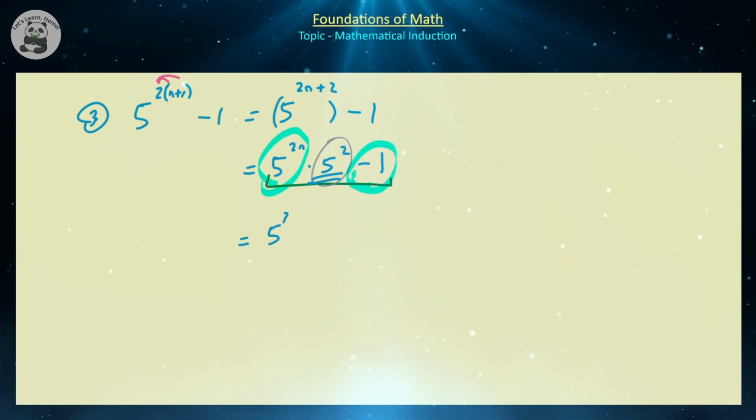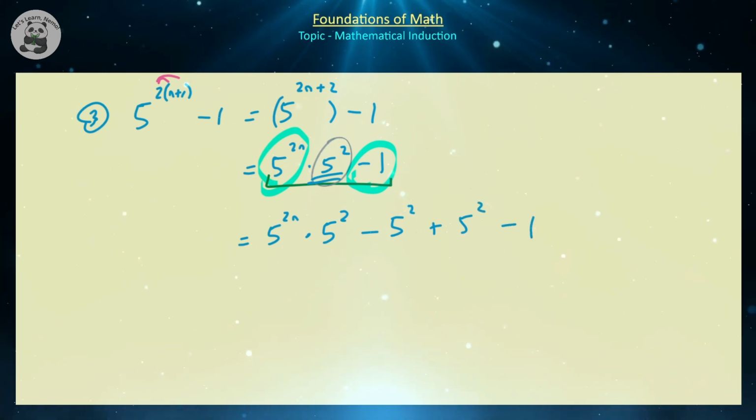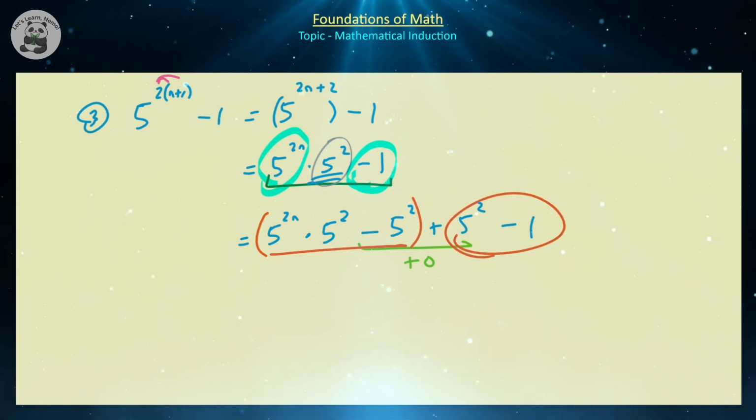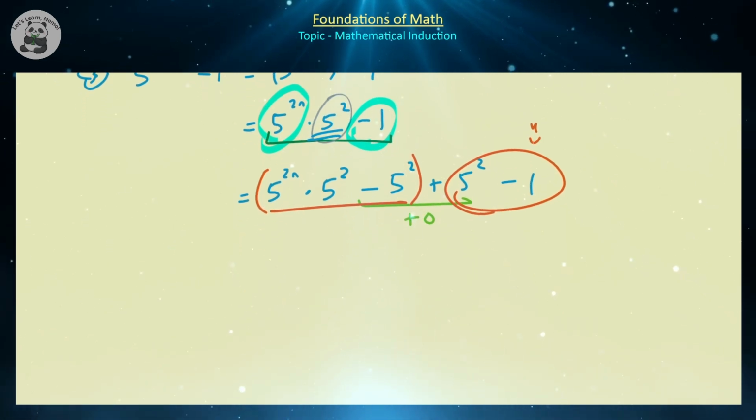So in this case, let's not forget our 5 squared. I'm going to subtract off 5 squared, I'm going to add 5 squared, and don't forget the minus 1. So that is my plus 0, and I'm putting my minus first because I want my 5 to the 2n minus 1 to be present in my first term, and I'm just crossing my fingers that at the end it turns out to be something nice that I can deal with, but we'll see once we get to it.